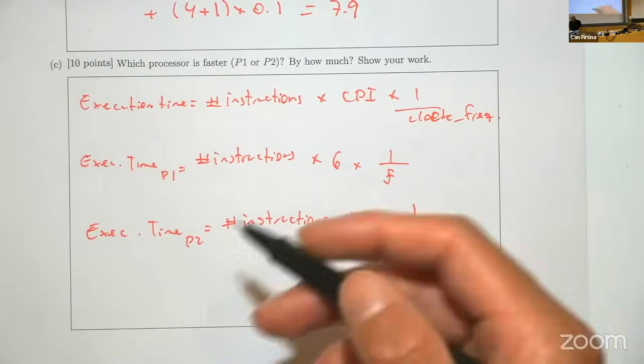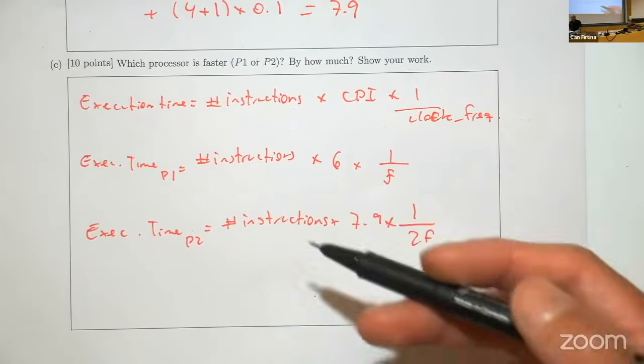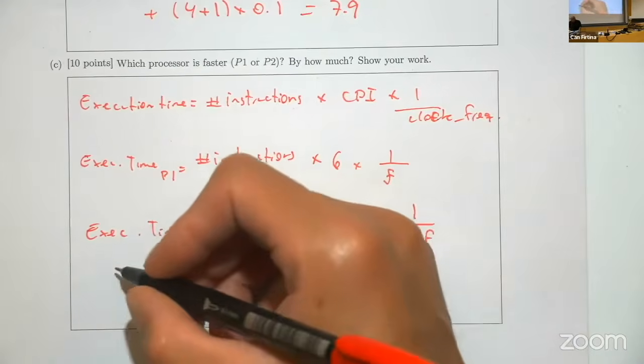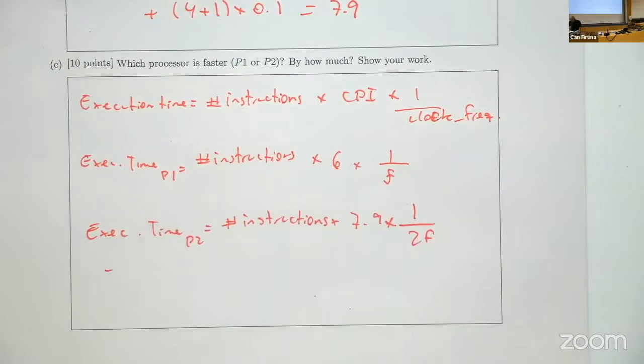So now you basically need to calculate the inequality to see which processor is faster. For example, we can assume that P2 is faster than P1.